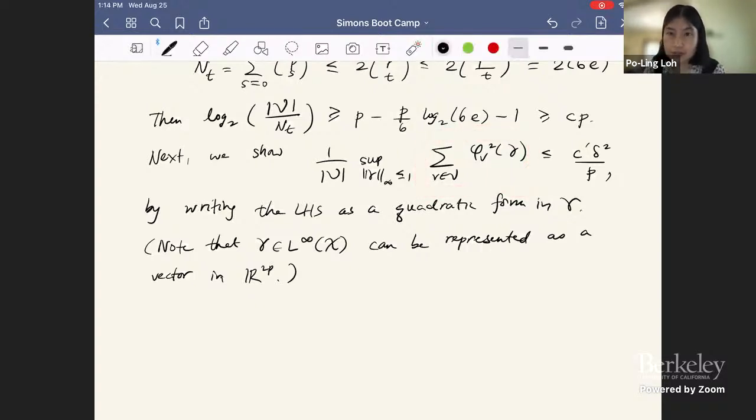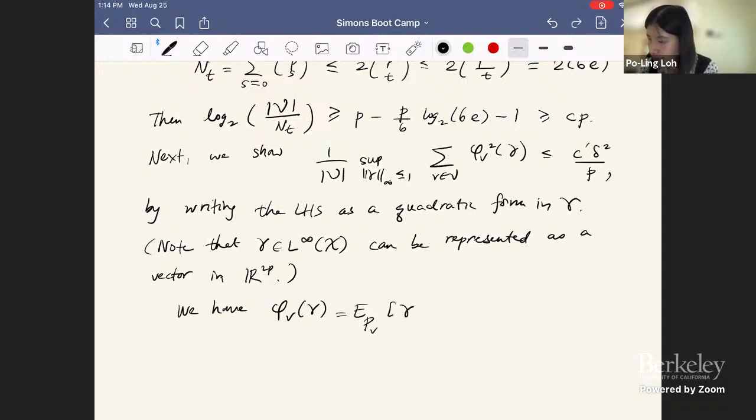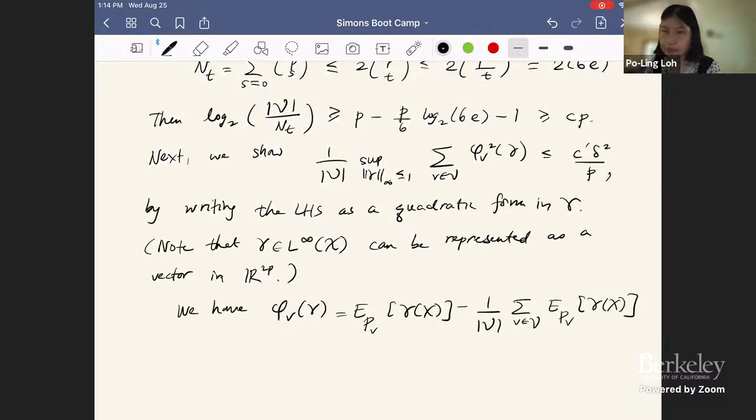So how do we do this? Roughly speaking, here's rewriting the definition of phi_v. This is the expectation under P_v of gamma of x minus 1 over the size, so this is sort of the average value, the expectation under P_V of gamma of x. Okay, so this is the definition. And now you can calculate the expectation under P_v of gamma of x.